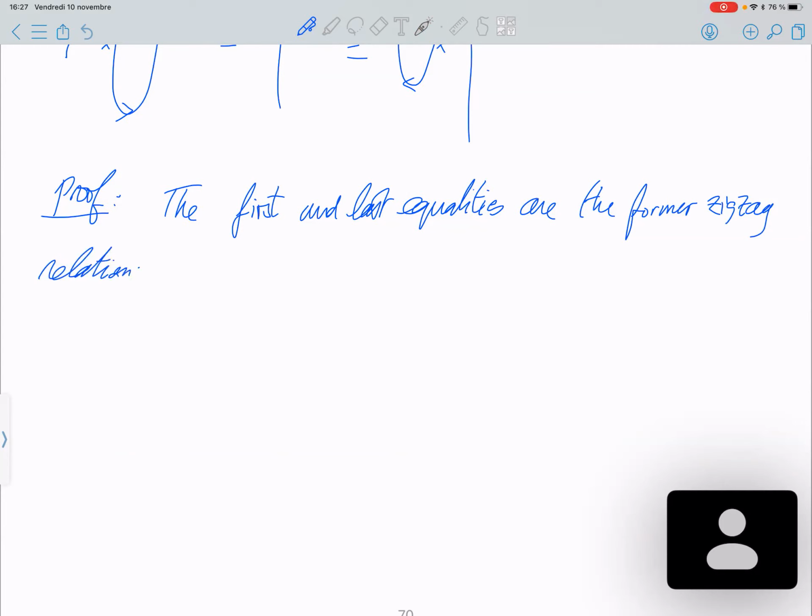See section 2. About the two other ones, you just need to write the definition of the minus version, and you will get directly what you want.